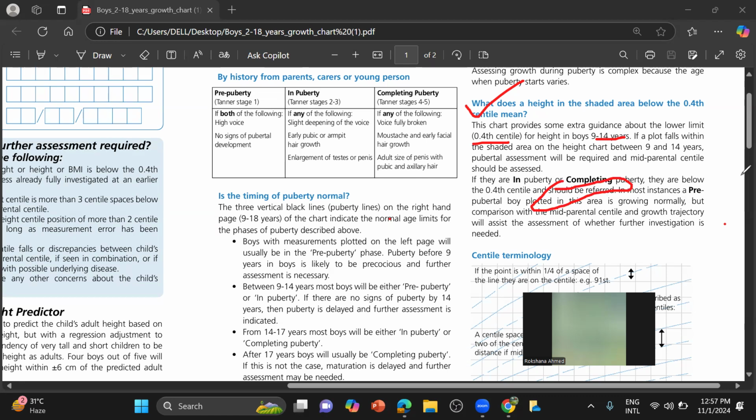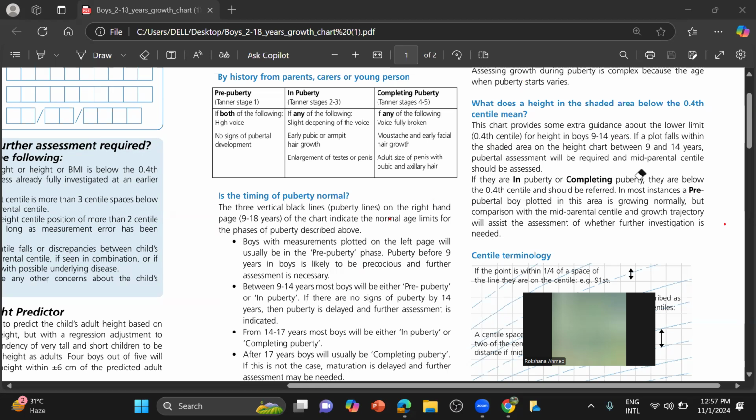Okay, I'm just trying to help all of you understand this. Another thing we have mentioned is in the growth chart communication. I'm following the Ahmed Bakri book.